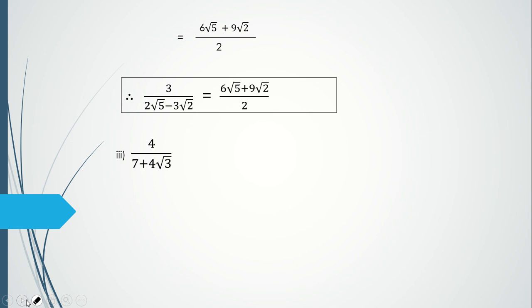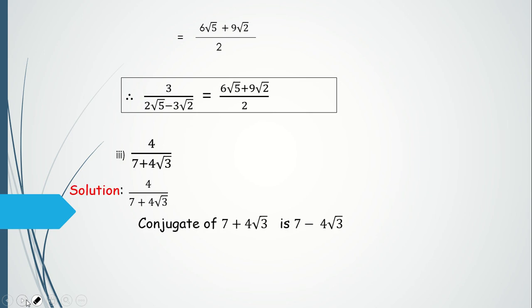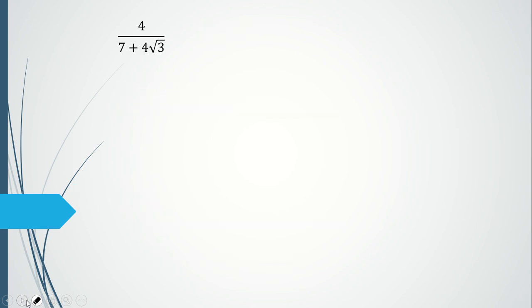Same way, 7 plus 4 root 3, its conjugate is going to be 7 minus 4 root 3. Now multiply numerator and denominator by 7 minus 4 root 3. So now we will get, this is a plus b, a minus b, so that's going to be 7 square minus 4 root 3 square.